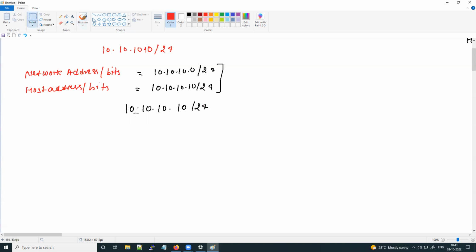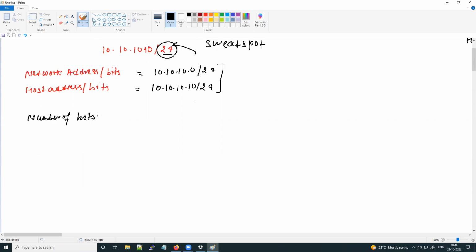So the first criterion is this. Whenever you see this kind of IP address, the first point is this. This is the sweet spot. You have to see this particular thing, and this tells the number of bits on the network side.